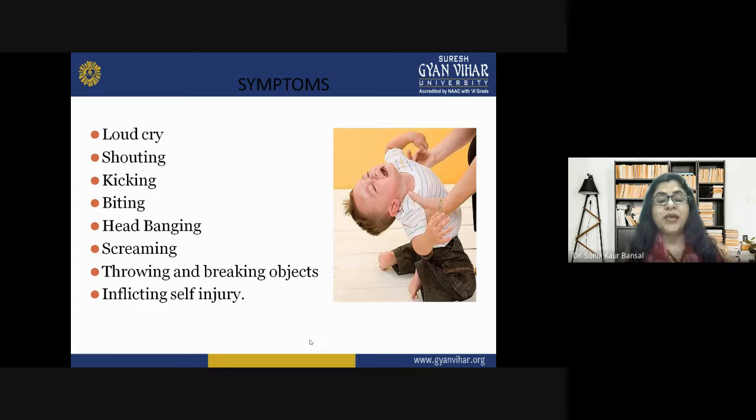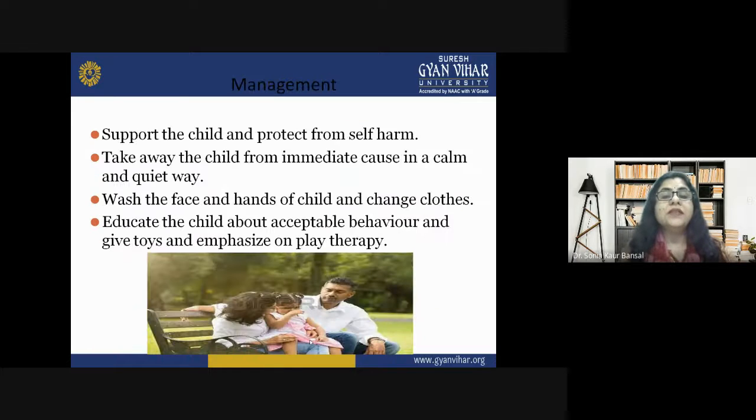Then throwing and breaking objects, and inflicting self-injury also. These are some important symptoms that you must think about if your child is showing these types of symptoms.